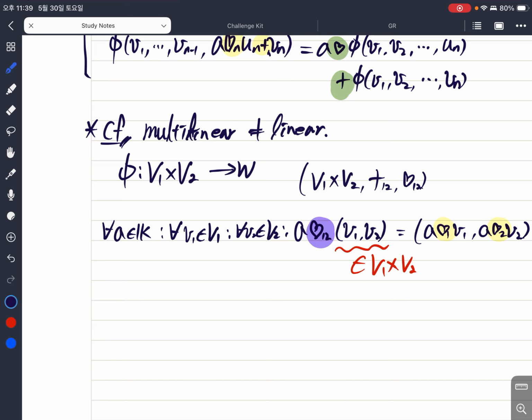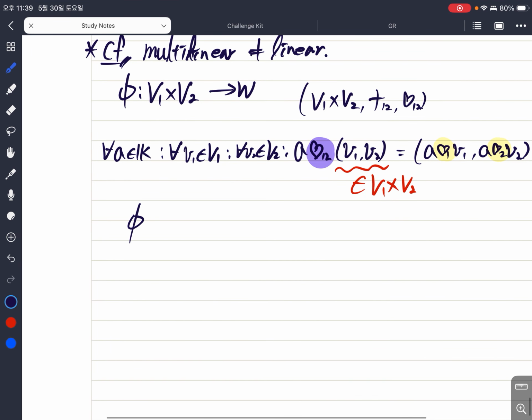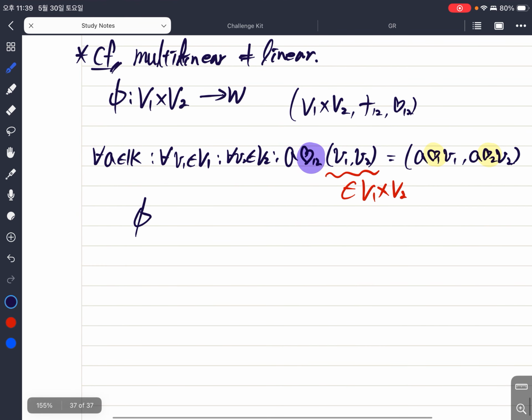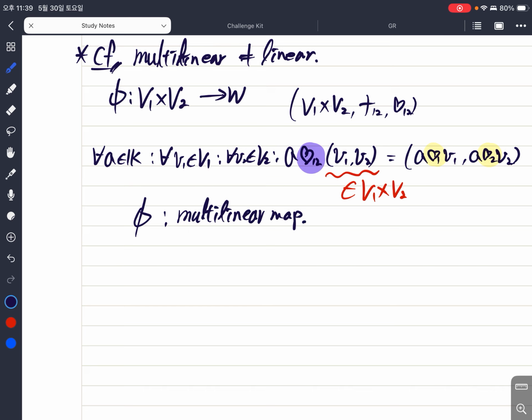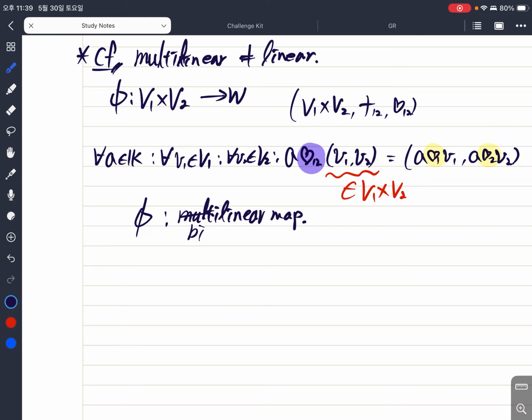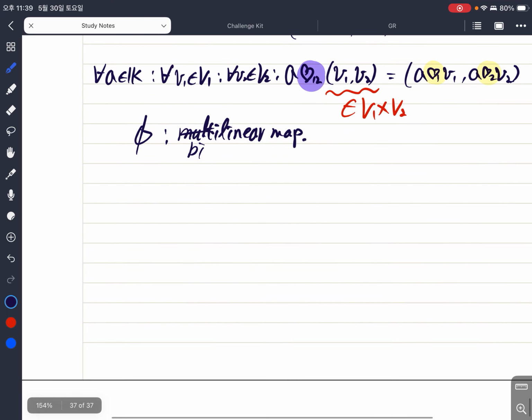The question is, what if phi is a bilinear map, so multilinear? Especially when it is just 2, it is called bilinear. So when phi is a bilinear map, let us see what happens.